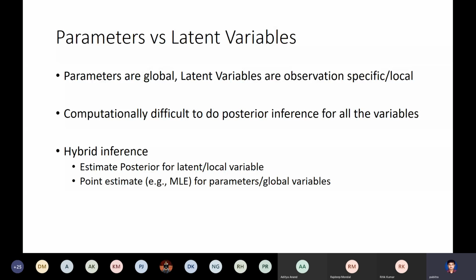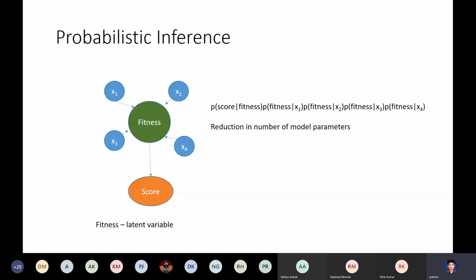So one question that might arise: why not take this as a parameter? Why are you considering it as a variable? You can consider it as a parameter of the score function, or of the joint distribution of the score function.